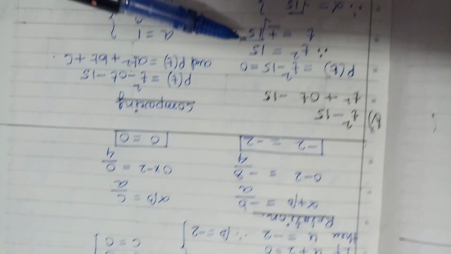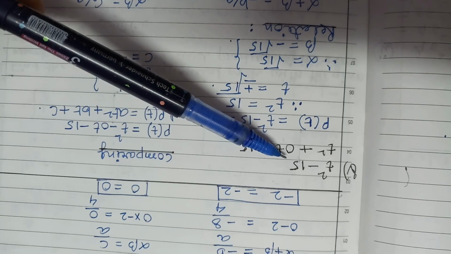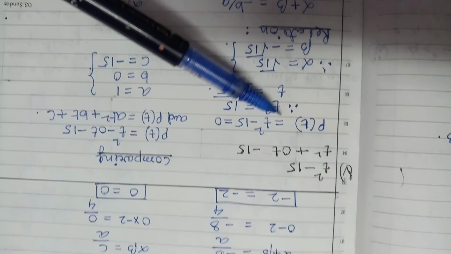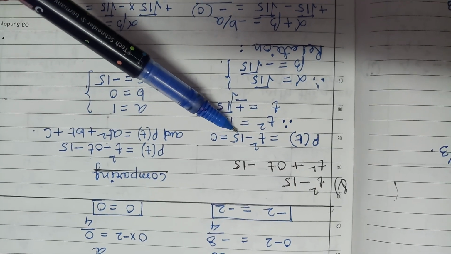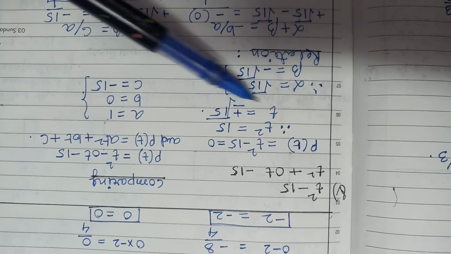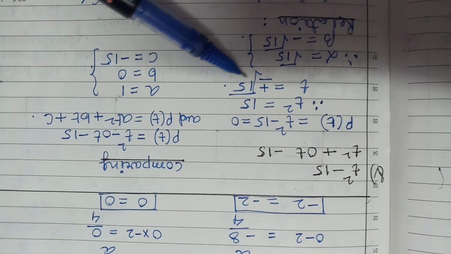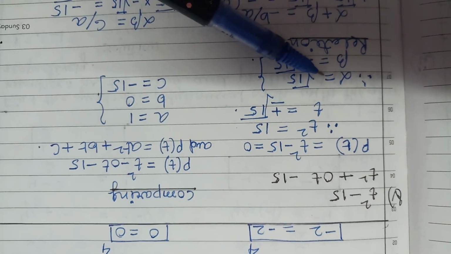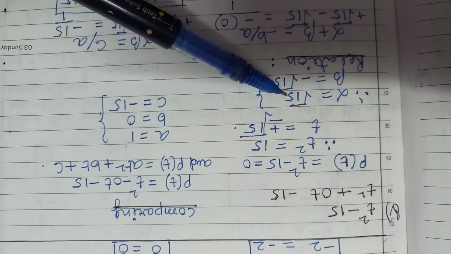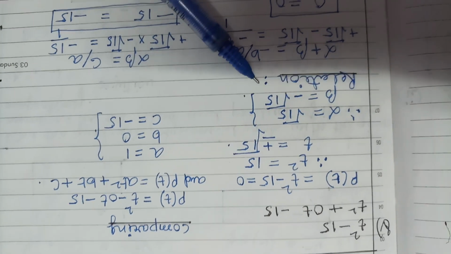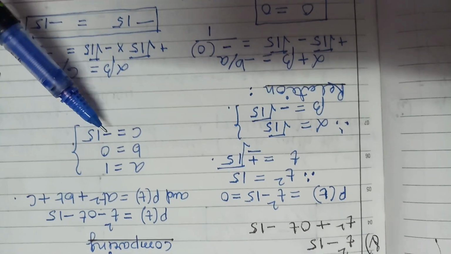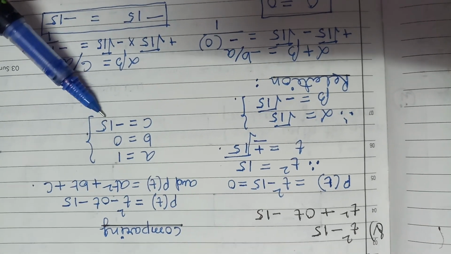Next question, t square minus 15. If we take t square equal to plus 15, so t is equal to plus minus root 15. So alpha is plus root 15, beta is minus root 15, and a, b, c are 1, 0 and minus 15.